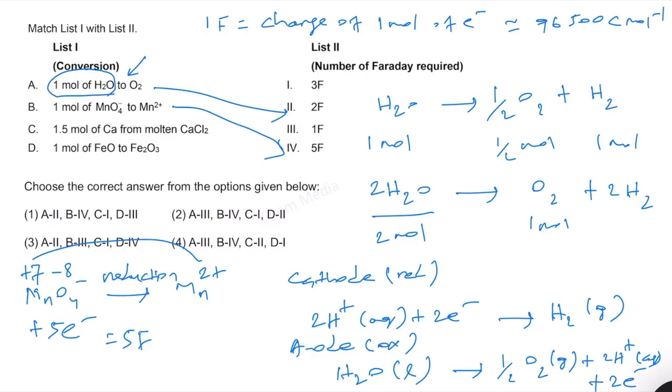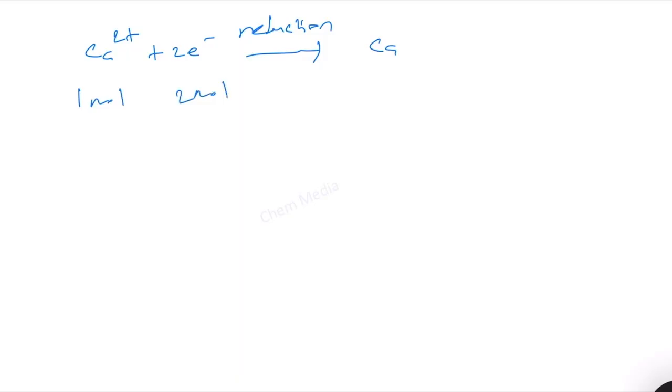The only option where we see that result is option 1. Therefore, C should actually be 3 Faraday. Let us cross check that. This is another reduction reaction. If you have calcium 2 plus, it gains 2 electrons and becomes calcium. So, we have 1 mole here, 2 mole here, 1 mole here. But the question is for 1.5 mole of calcium 2 plus.